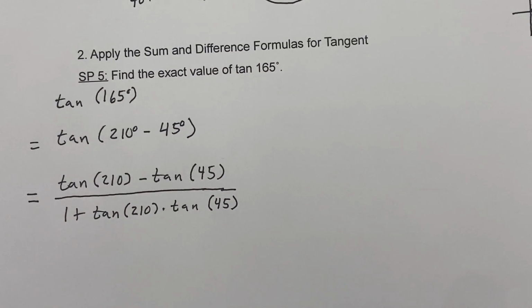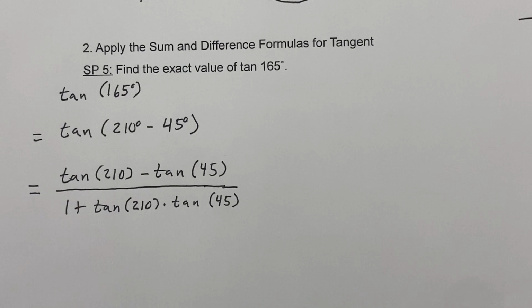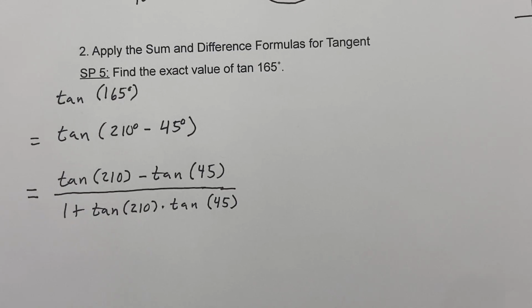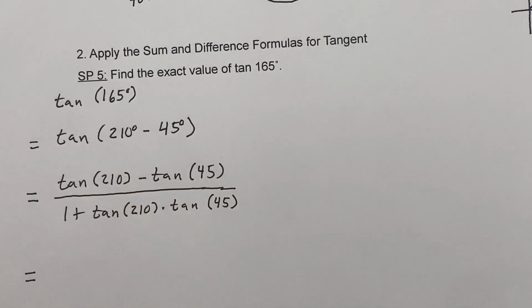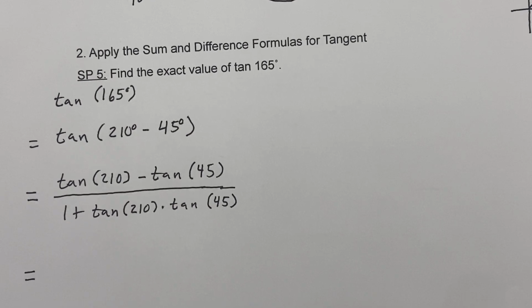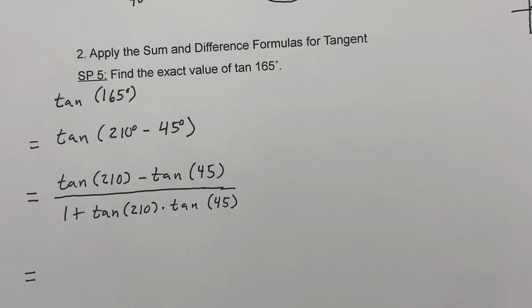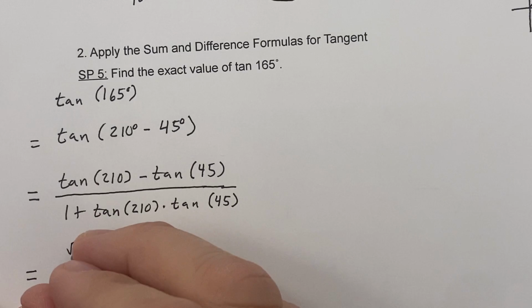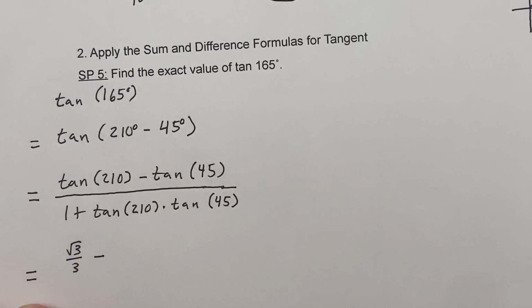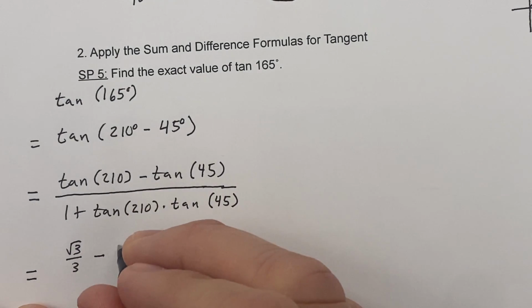So in a sense, today is a lot of plugging in and evaluating. The thing with tangent, though, is it's our ratios, all right? At 210, did we write that down? Y over x, what was it at 210? Yes, it was square root of 3 over 3. And tangent of 45 was 1.